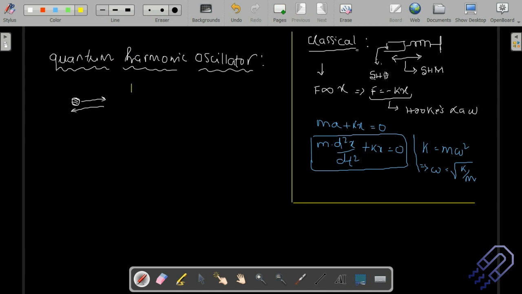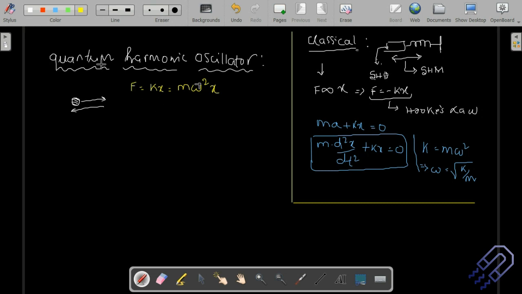Similarly, we can use Hooke's law here. Forget about the sign. We can just write F is equal to kx, where x is the displacement from the mean position. That's important. And just now we have seen that k is equal to m omega square. We can derive it, but we are not going to do it. This is something you should remember: m omega square x.